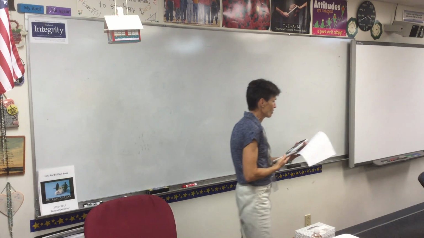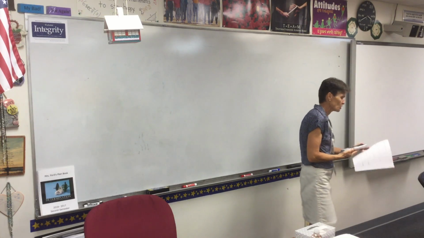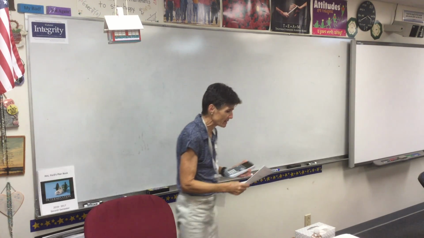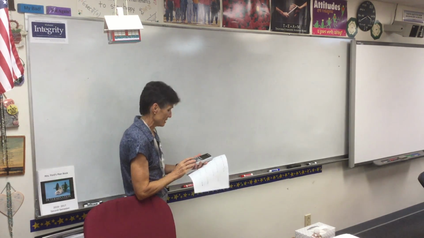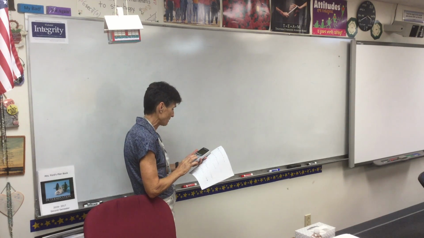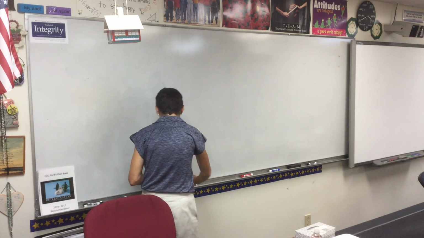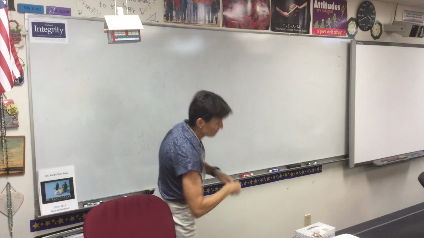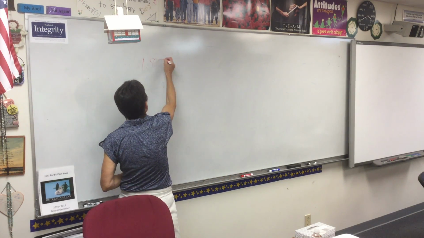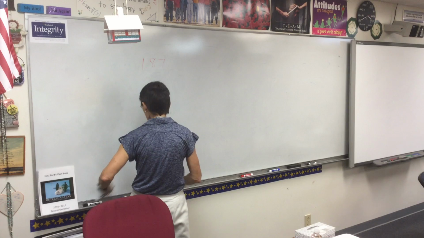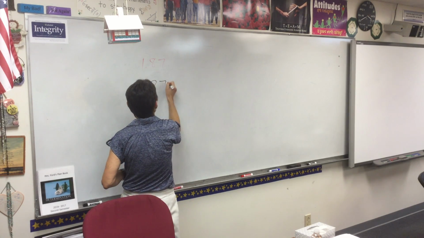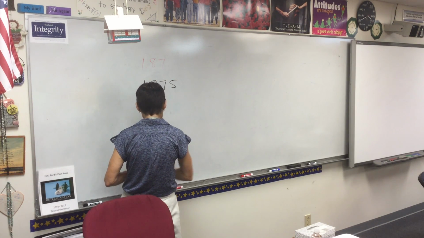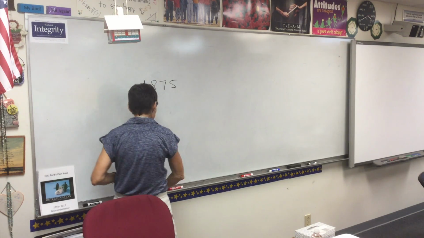How do we convert from a fraction form to a decimal form? What do I need to do in problem A? Divide. So 15 divided by 8. And the answer is 1.875. That is called a terminating decimal. Terminating because it stops, right?